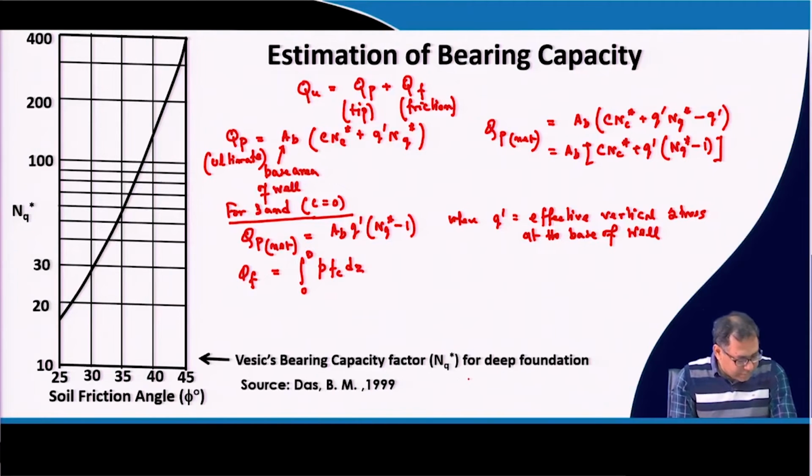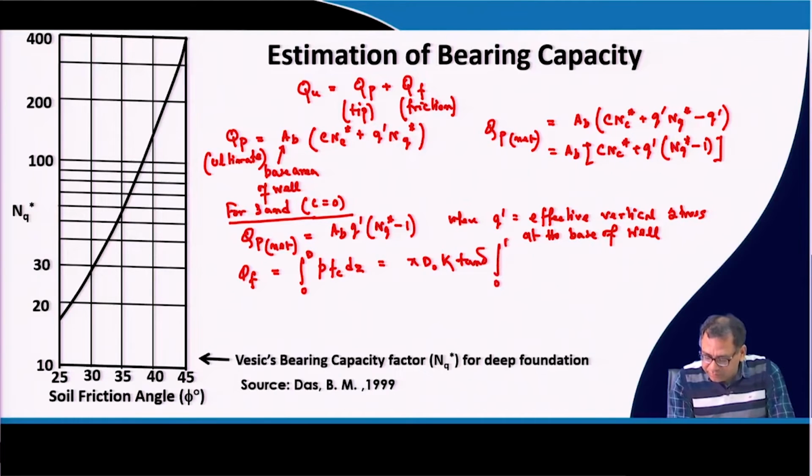So, that will be the same as pi d outside, that is the perimeter, then the k, and then the tan delta, and then the vertical stress that we have to integrate, sigma v dash dz, the same way that we did it for the pile foundation. Okay. So, now we can put the value and finally, we will get.